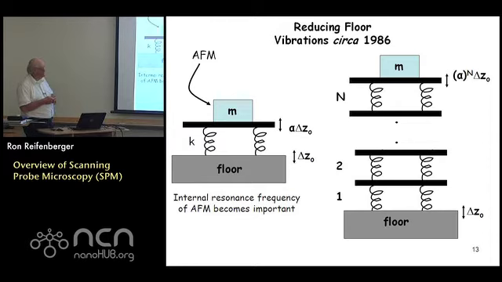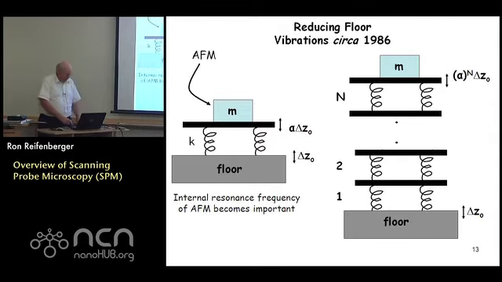That's how much your platform would vibrate. And then this mass m here represents the AFM instrument, right? So you would have to build these vibration isolation stacks to eliminate floor vibrations. Otherwise, these microscopes will just be jittering all over the place, right? You won't get anything out.